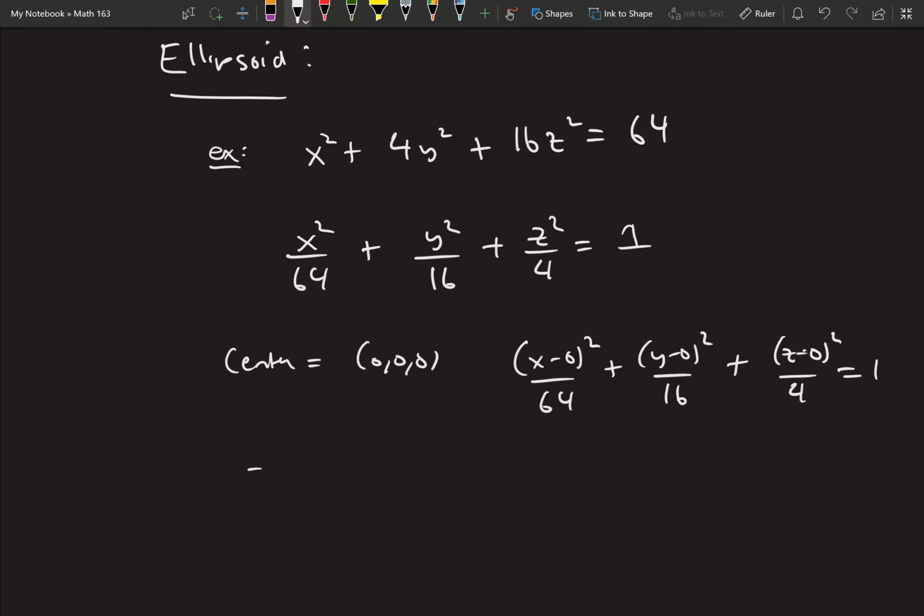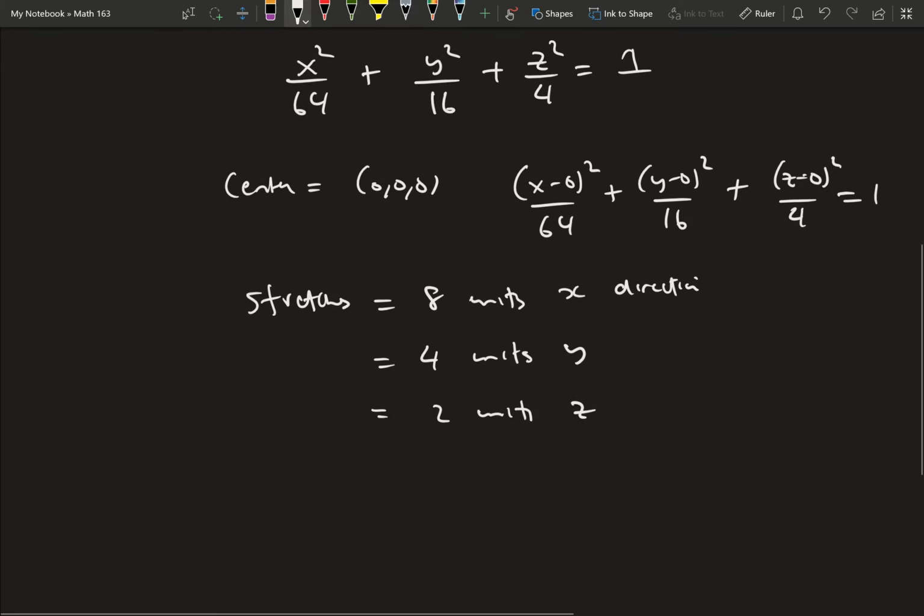And the stretching that's going to happen, well, we're going to have 8 units away in the x direction, both the positive and the negative direction. We're going to have 4 units in the y direction and 2 units in the z direction.